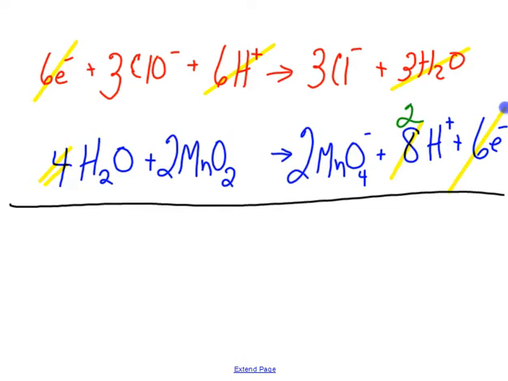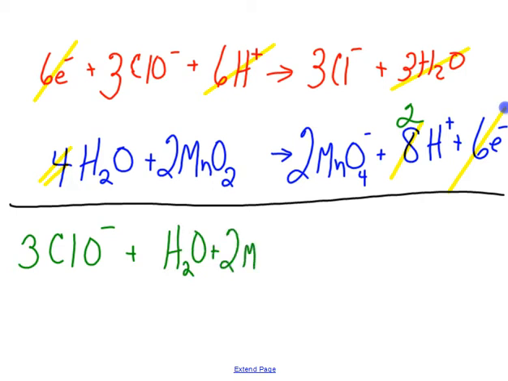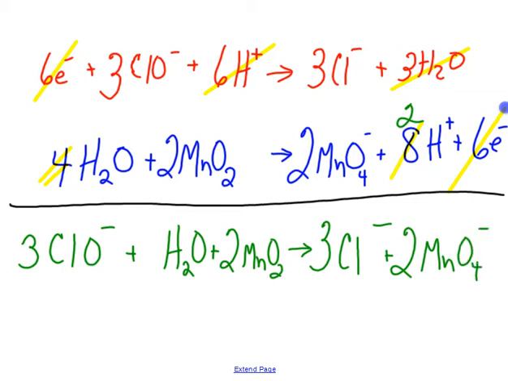So let's carry everything down now that we're left with. 3 hypochlorite ions plus 1 water molecule plus 2 manganese dioxide molecules yields 3 chloride ions plus 2 permanganate ions plus 2 hydrogen ions.